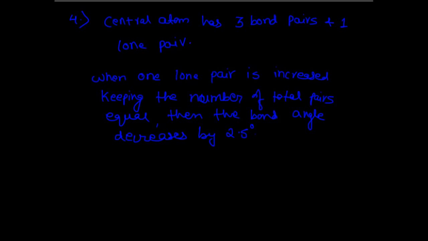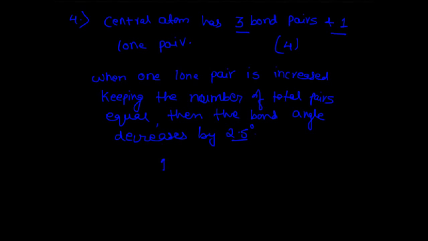So when a lone pair increases, keeping the number of total pairs equal, that is, in this case we have total number of pairs equal to 4, and in our previous example too we have total number of pairs 4, but in this case one lone pair is increased, hence our bond angle decreases by 2.5 degrees.